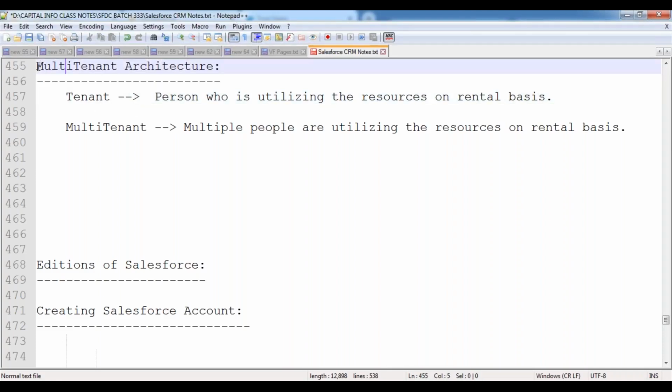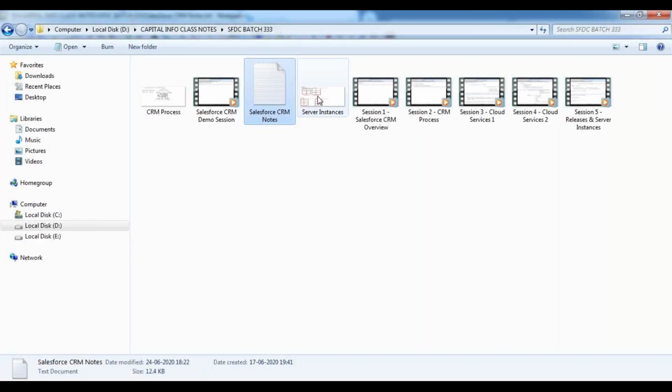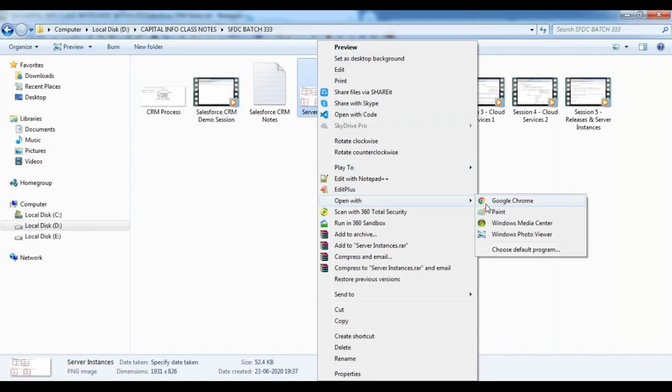Then, what exactly does multi-tenant architecture describe? Basically, if any customer wants to use a resource, they don't provide a separate dedicated server for each and every customer. They provide shared infrastructure. Yesterday we discussed the concept of server instances.